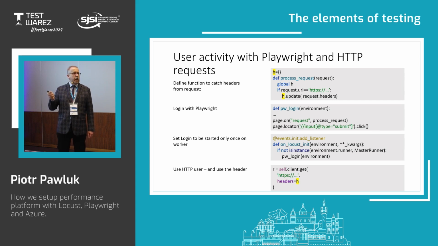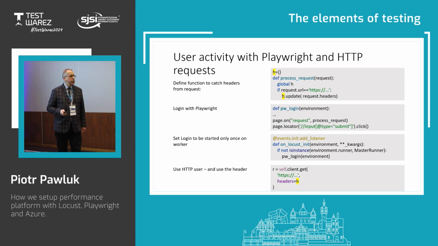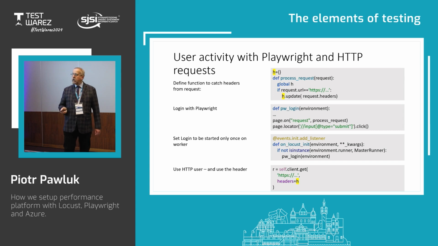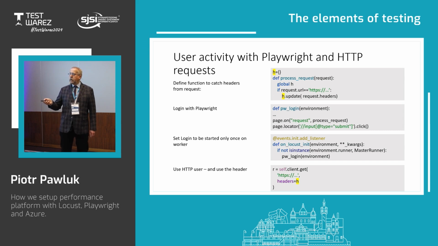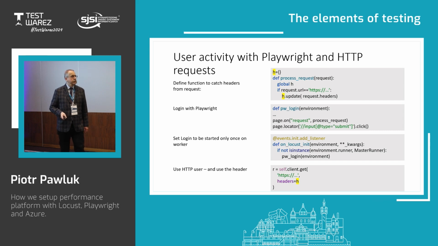And then at the beginning of the test, the user is logged in, and I have in this global variable the token and in fact the whole headers. So later, if I'm using HTTP user, the normal Locust thing, I'm adding headers equals H, so then I can reuse these headers.